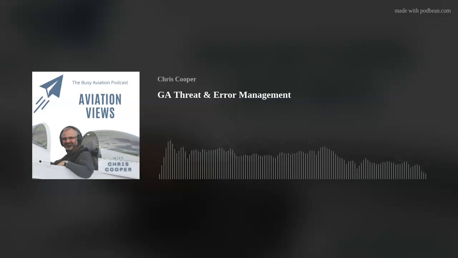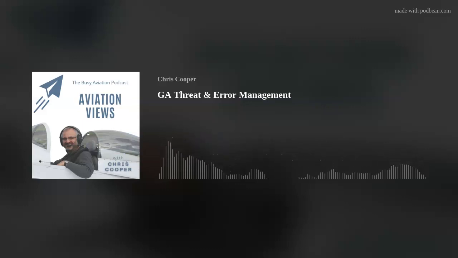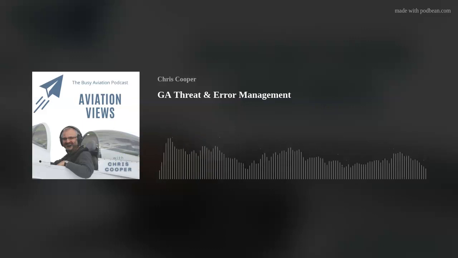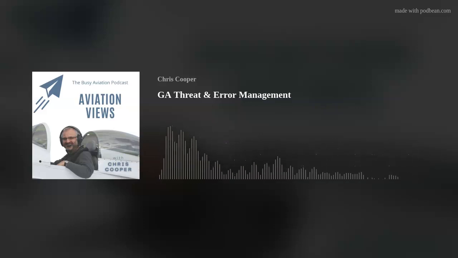Some of these, of course, could be down to the hardware you're using, the software that you're using. For example, it's now become common to use a tablet, to use a product such as SkyDemon or Runway HD, which has made our threat and error management a lot easier, but also has opened up a few traps for us.